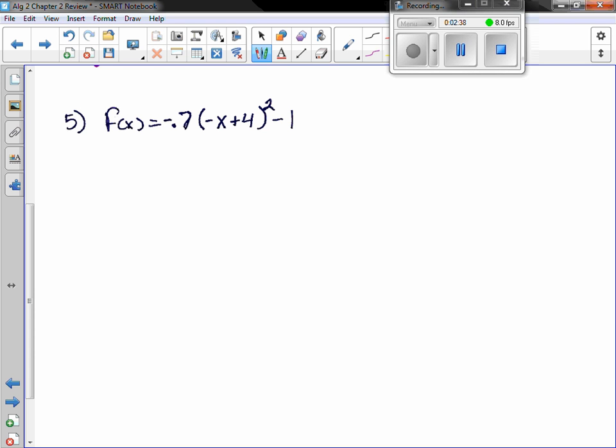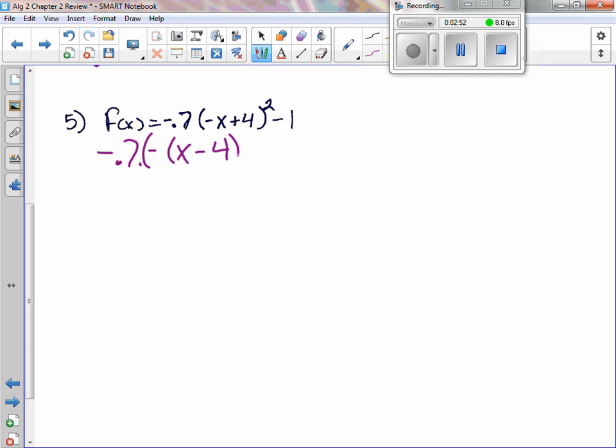On the answer key, I believe it talks about the reflections first. Yes? So if we talk about the reflections first and describe them first, so 0.7, I have to pull that negative out from the two numbers inside the parentheses.